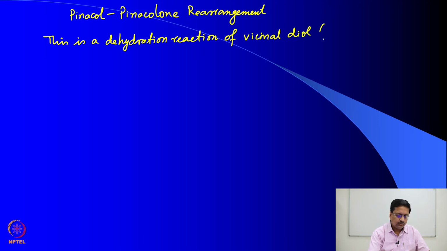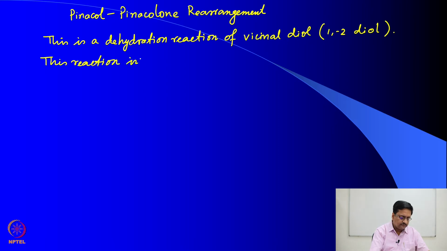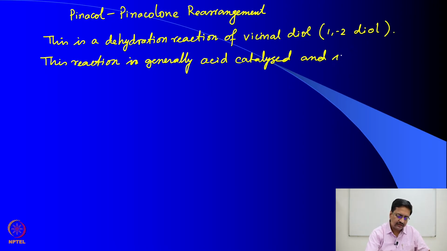That means 1,2 diol kind of compounds where you have two hydroxy groups on adjacent carbons, and this reaction is generally acid catalyzed and is conducted at high temperature.